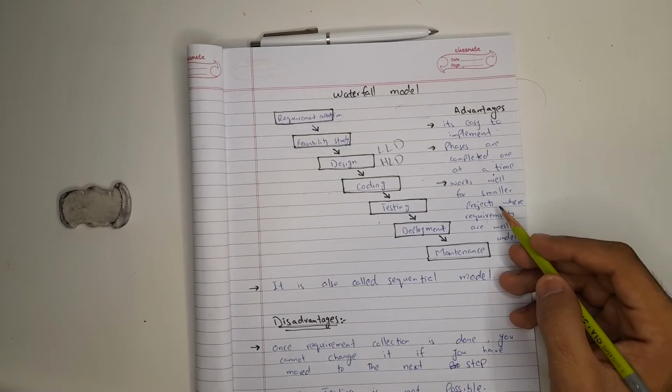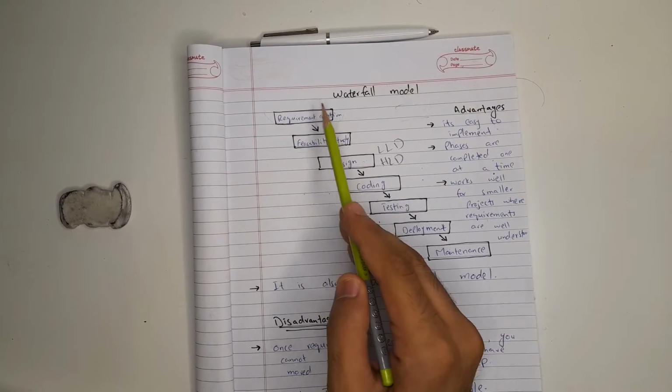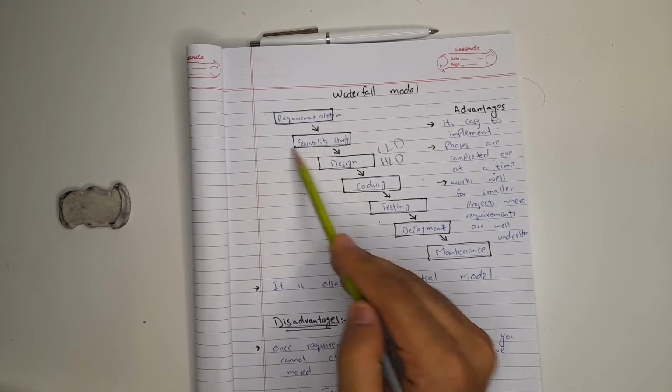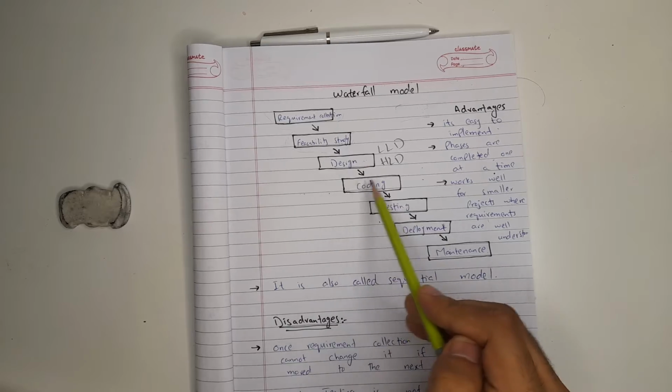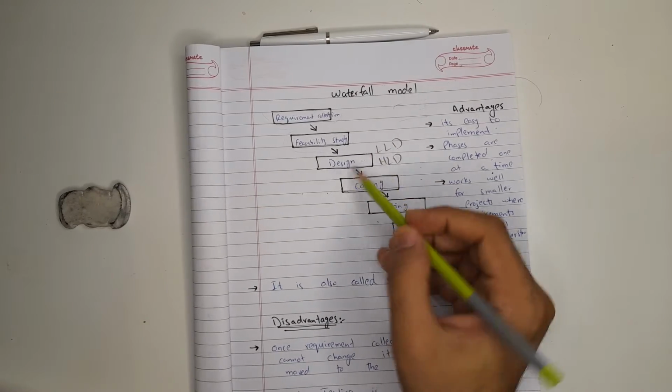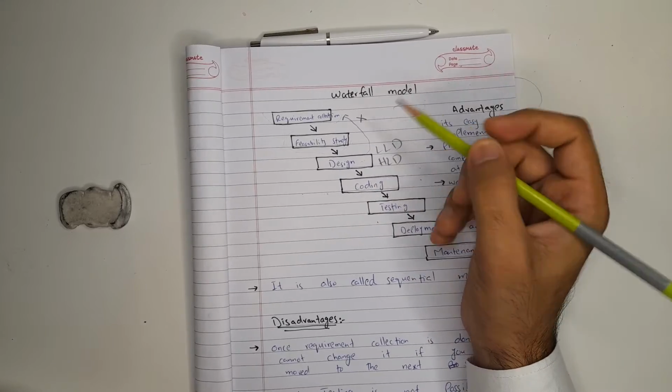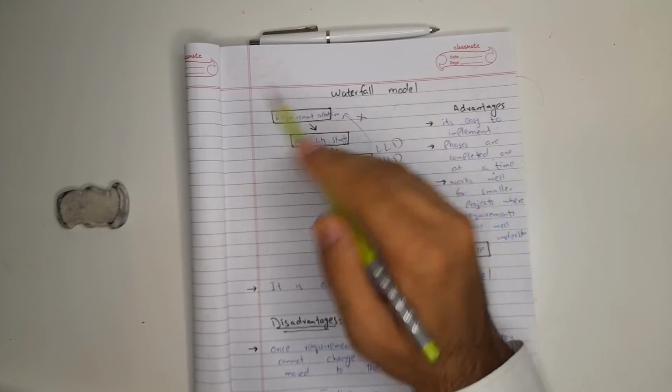The reason is that, as I mentioned, when the requirement phase is done, you move to the feasibility study, and then you move to the design. You cannot go back to the requirements. It's not allowed, because once this phase has been done, it's locked.